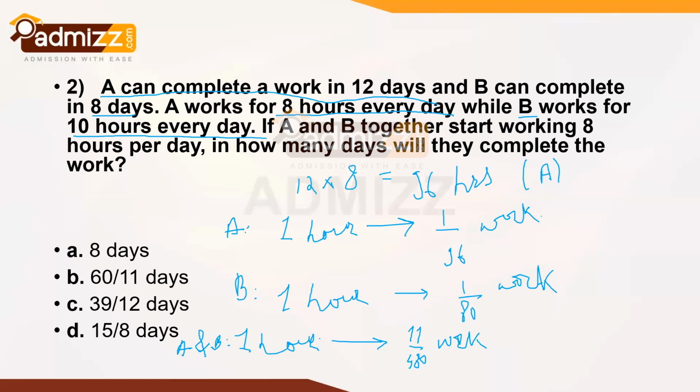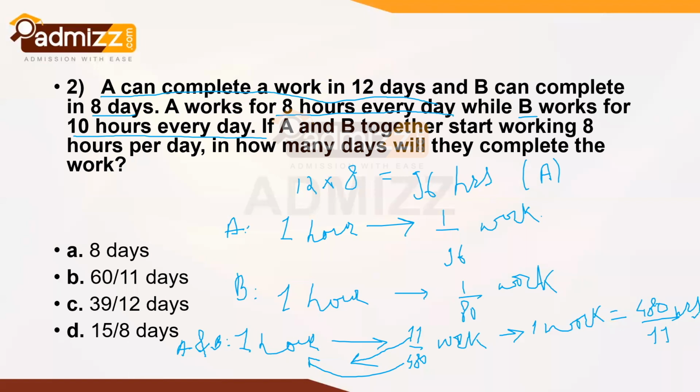So now, judging by this simply, to complete one work, if we simply send 480 over here and divide by 11 here, we can simply say that to complete the total work, they require 480 by 11 hours, right?